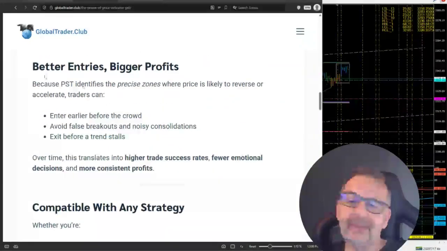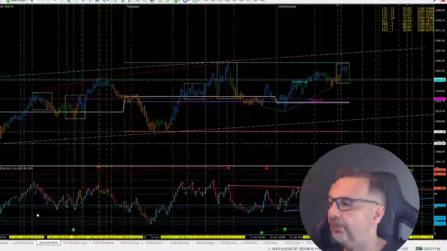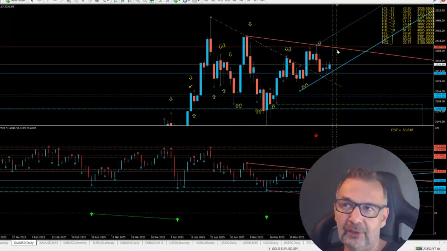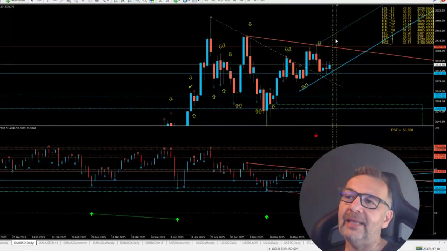Now you've got better entries and bigger profits, because if I'm entering at the right place and taking this into a daily PST level, here I've got 1 to 10 risk return. And if Thursday and Friday turn out to be swing days, then I'm either going to end up somewhere at the top or somewhere at the low.